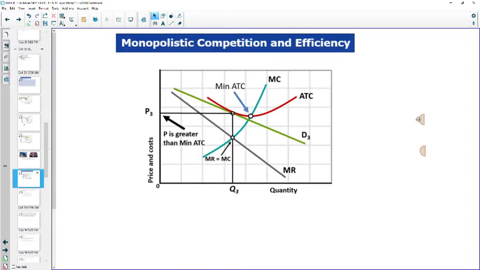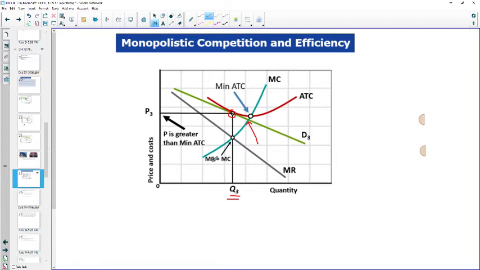Are they efficient? This is a monopolistic competitive situation in long-run equilibrium. And how do we know that? Because we are operating where the demand curve is just tangent to the average total cost curve. The quantity that we're producing is not where supply and demand meet, which is right here.